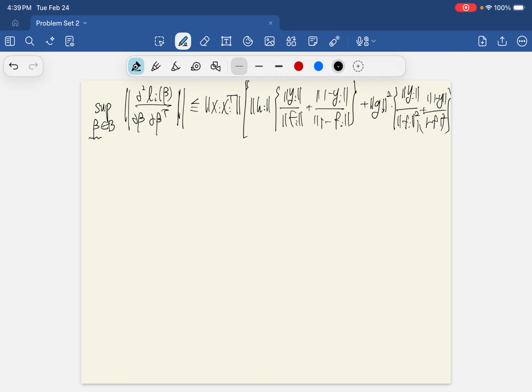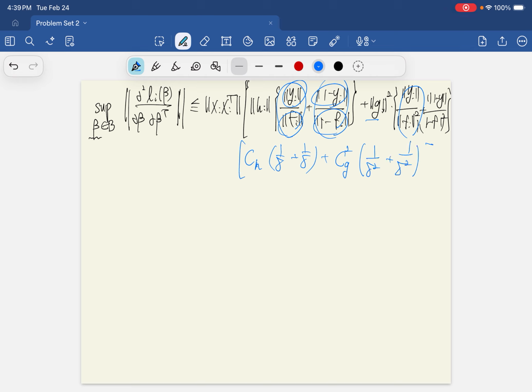All right, so this is bounded by c1, this is bounded by 1, this is bounded by 1 over delta, 1 over delta, so 1 over delta plus 1 over delta, and plus this is bounded by ch, this is bounded by cg squared, and this is bounded by 1 over delta squared, plus this is also 1 over delta squared.